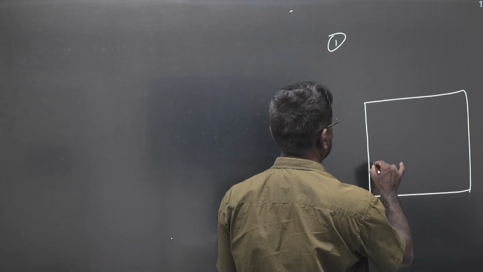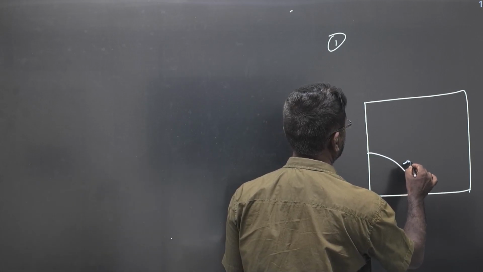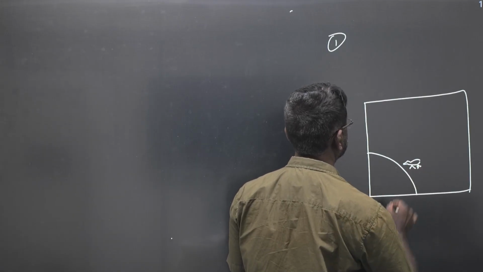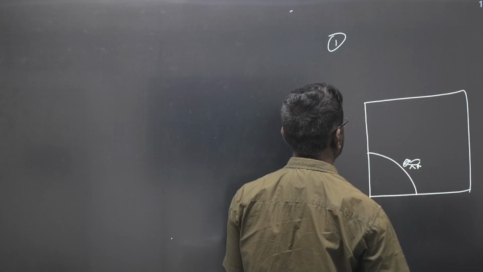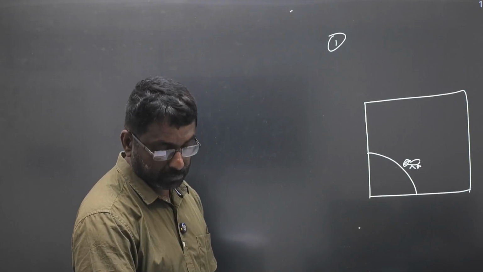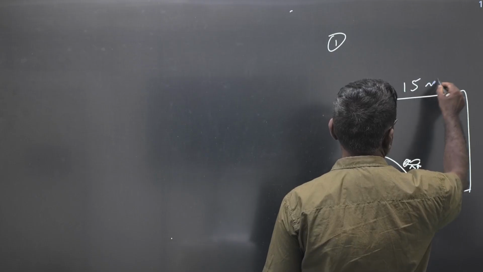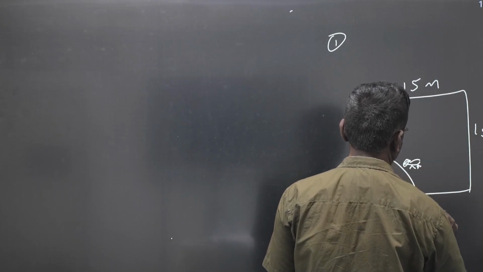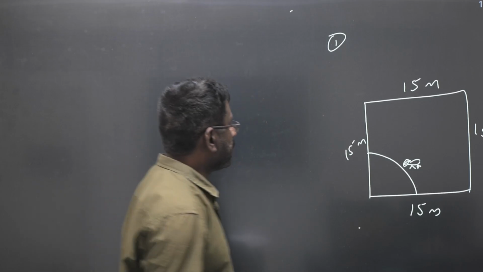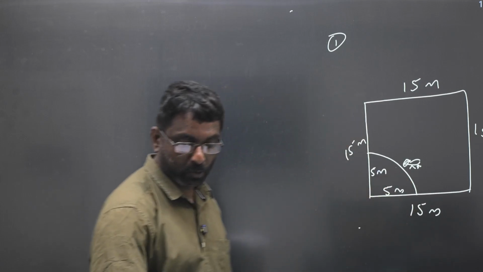So here is the position of the horse. Suppose this is the horse, tied here. And given that the square is 15 meter, 15 meter, 15 meter, 15 meter, and this is given as 5 meter as per the question.